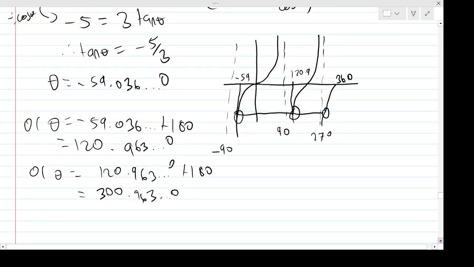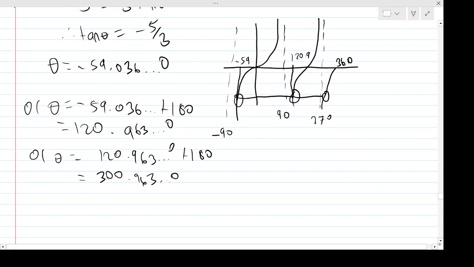With that in mind, if we look at our list of solutions, minus 59, 120 and 300, the solutions between 0 and 360 are what we want.